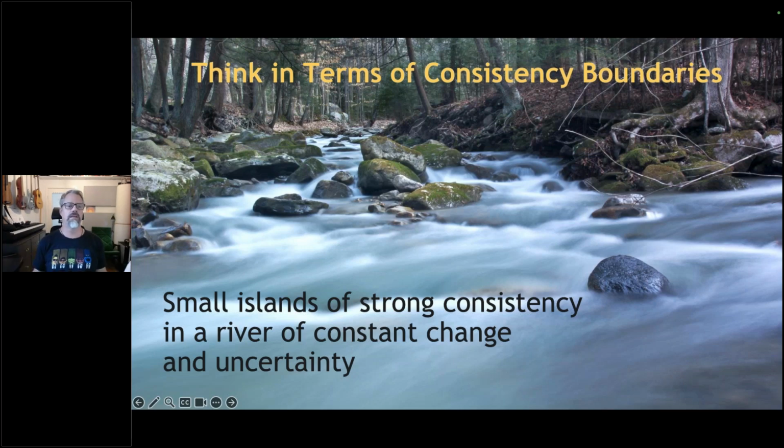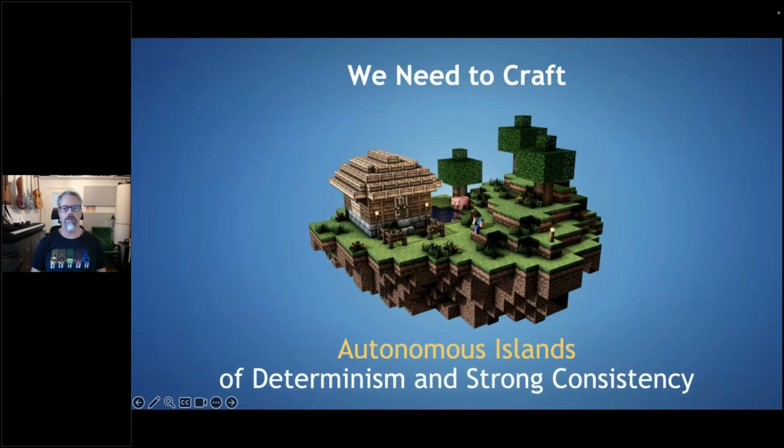I think we need to think in terms of consistency boundaries. We need to decompose the system into small islands of strong consistency in this river of constant change and constant uncertainty, really. The question is then, how do we model this? I think we need to craft these autonomous islands of determinism and strong consistency, as I said.